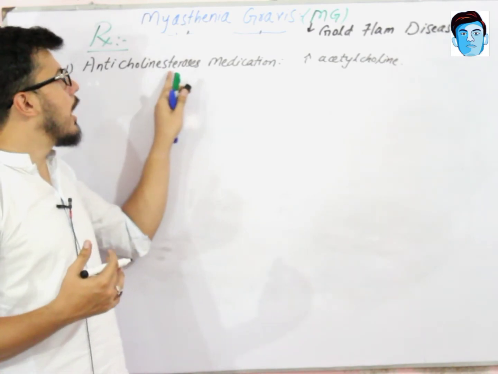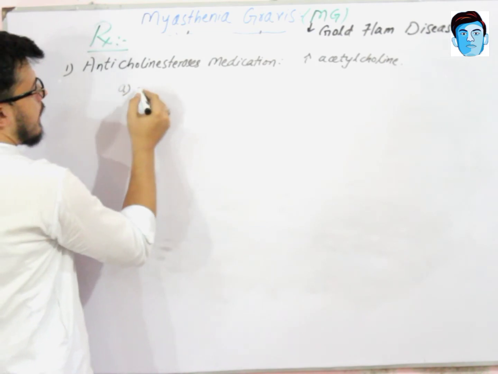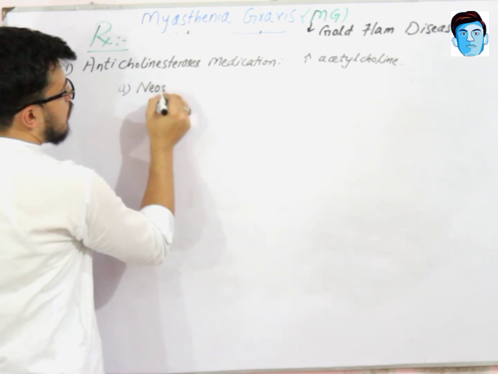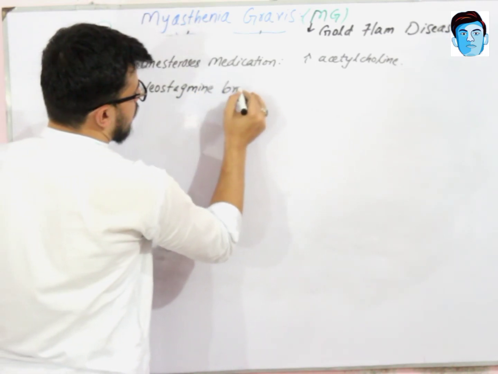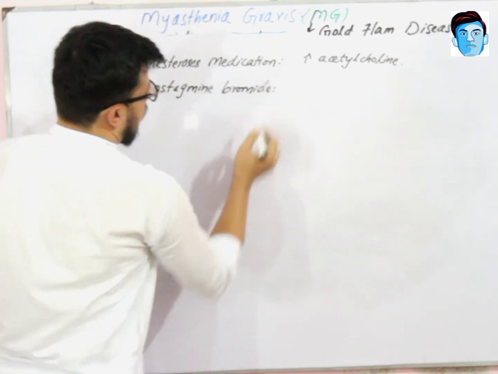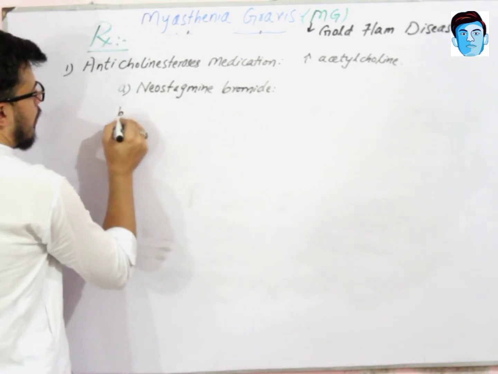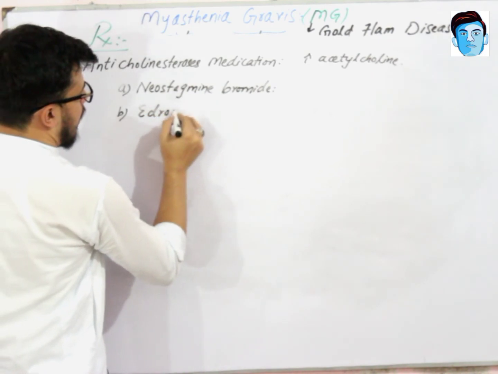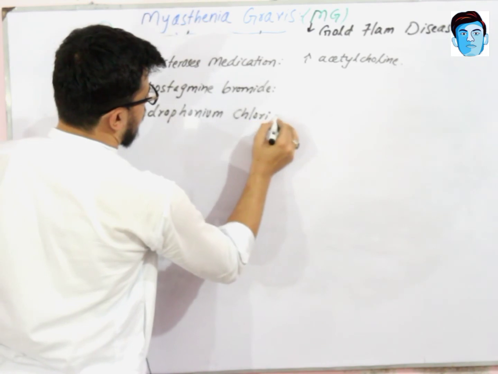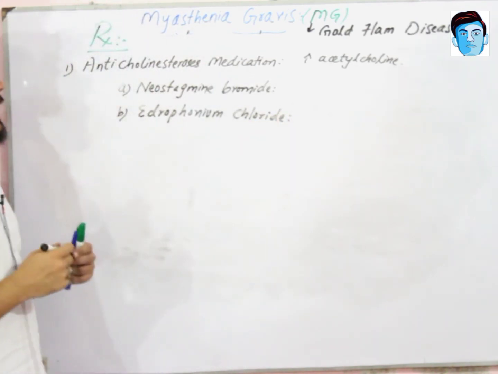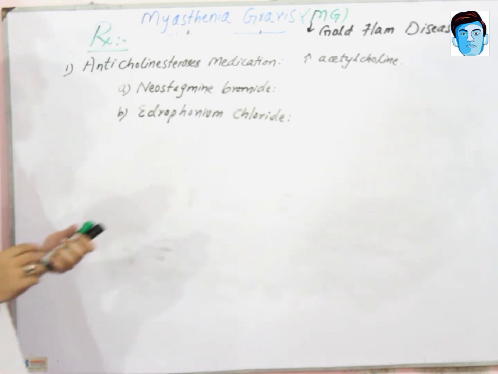What anticholinesterase medications are available? The first is neostigmine bromide, and the second is edrophonium chloride. Of the neostigmine bromide, the prostigmine is the drug of choice.